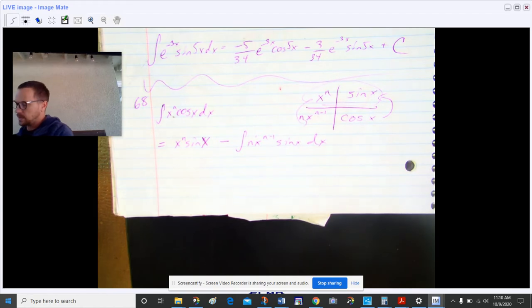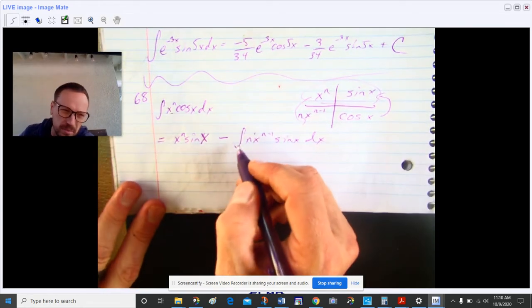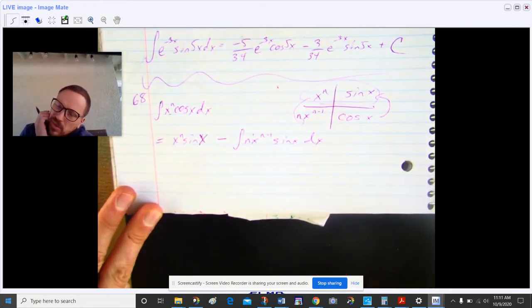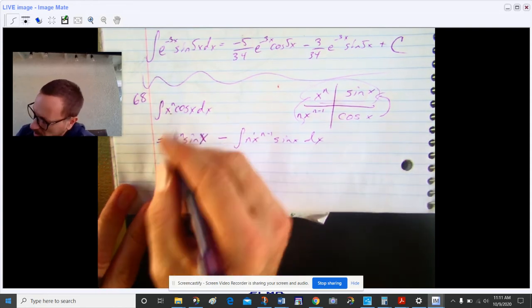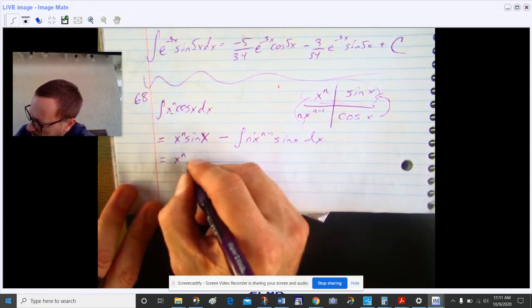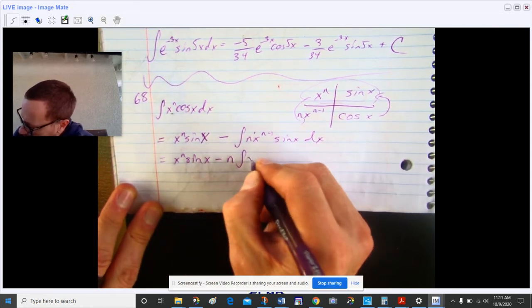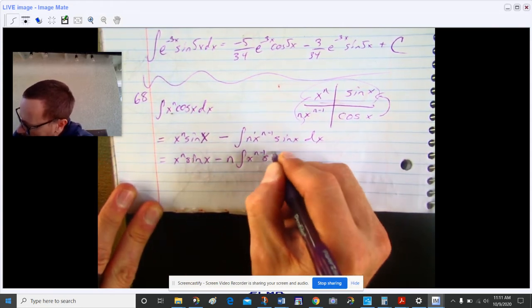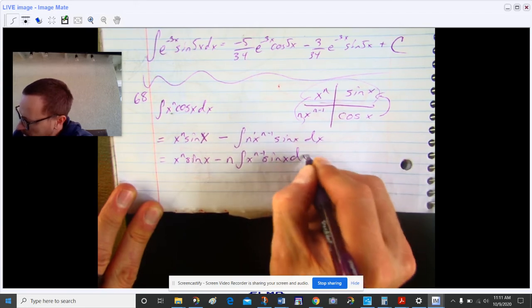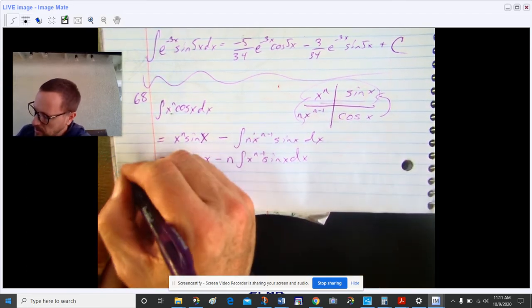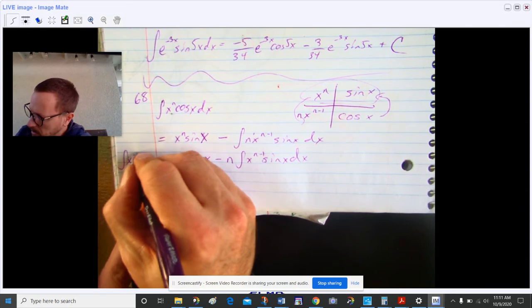And then, of course, that n is just a number. n is for natural numbers, but n is just a number. So this is going to be x to the n sine of x minus n times the integral of x to the n minus 1 sine of x dx. And so basically the idea is, hey, you can actually memorize formulas for these.